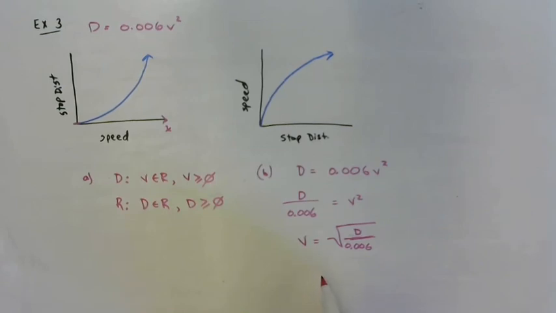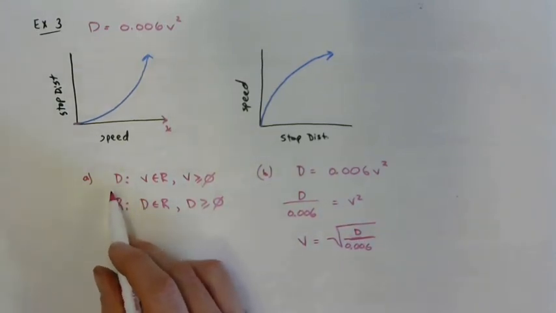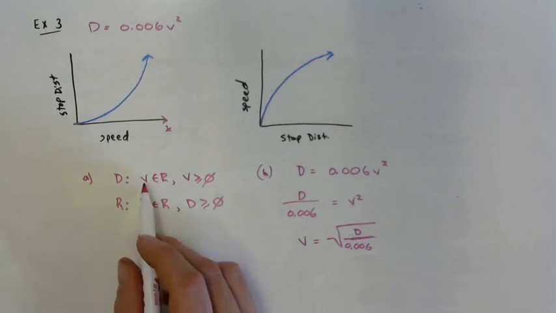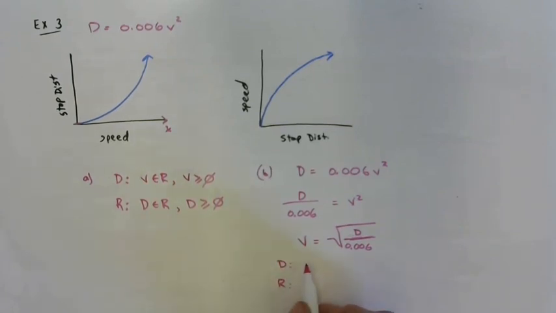Now, our new situation. The domain now is the values that can go in, the D values, whereas over here the D values were coming out and the V values were going in. This time when we're doing domain and range, the V values are coming out and the D values are going in.